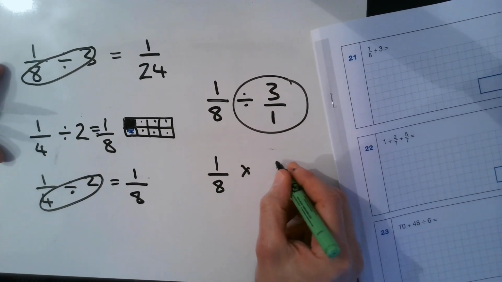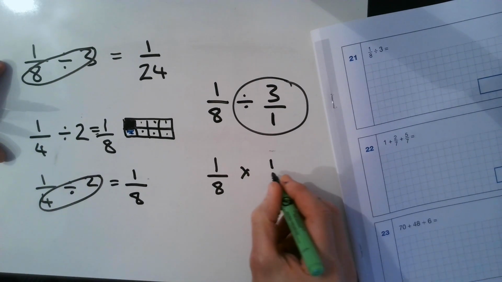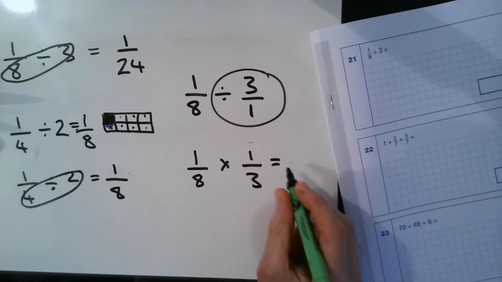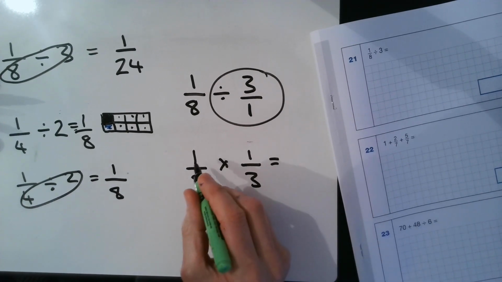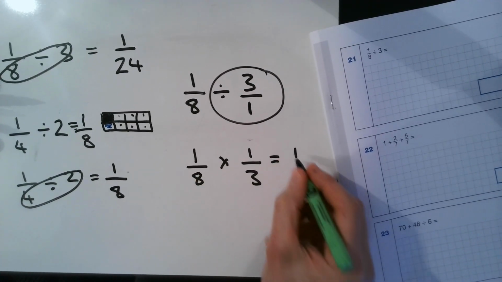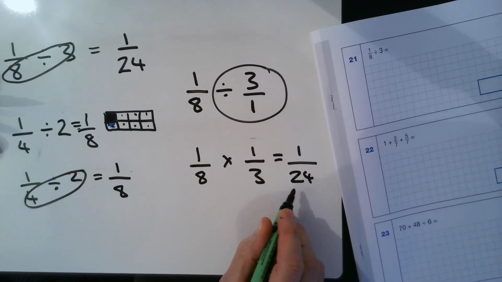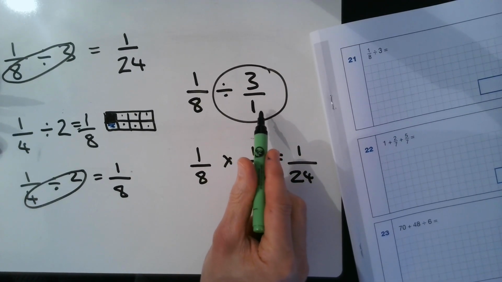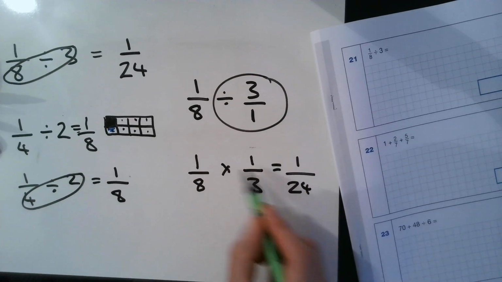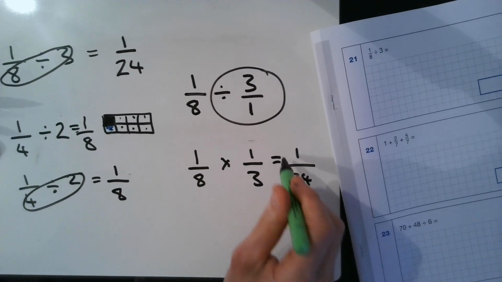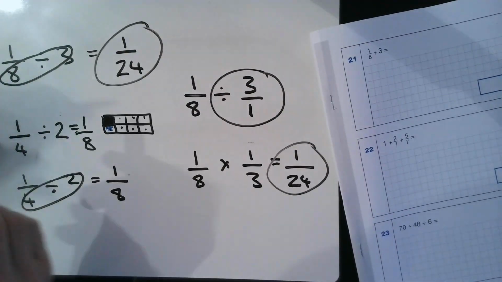We're finding the reciprocal. So 1/8 times 1/3, and we know from multiplying fractions earlier that 1 times 1 is 1, 8 times 3 is 24. So in some schools, children will put a 1 in there and then flip that. But you can choose whichever method you like, you'll still get the same answer, which is 1/24.